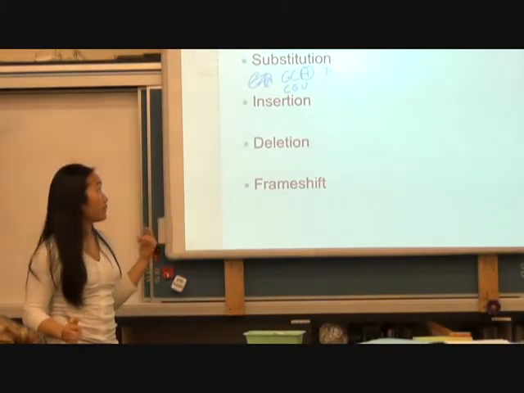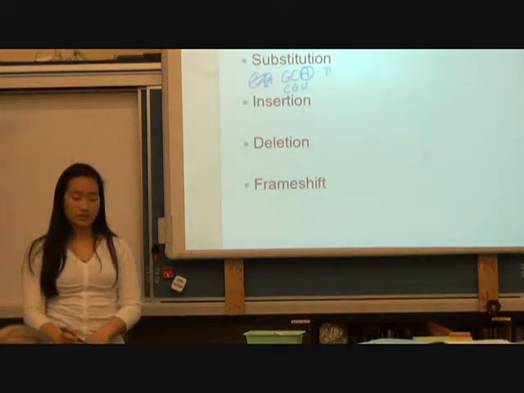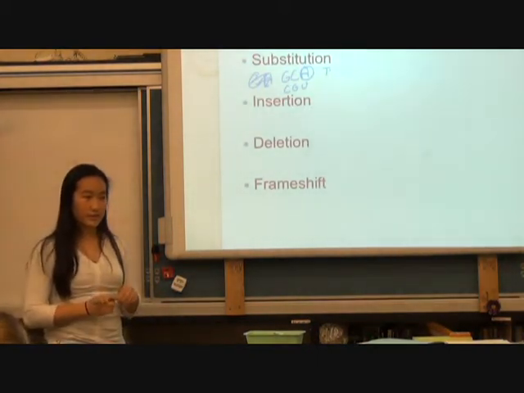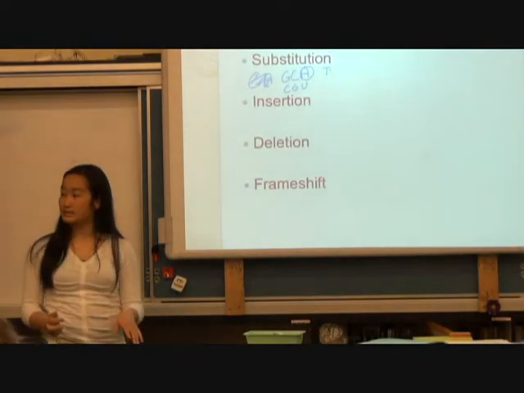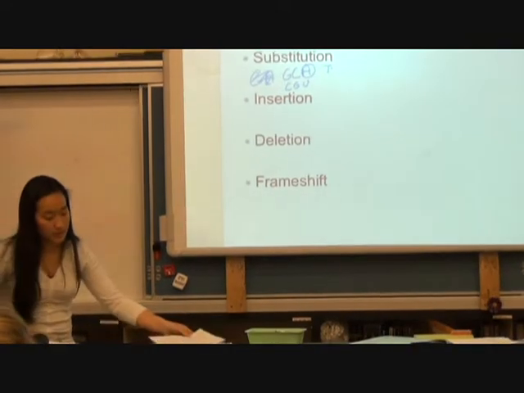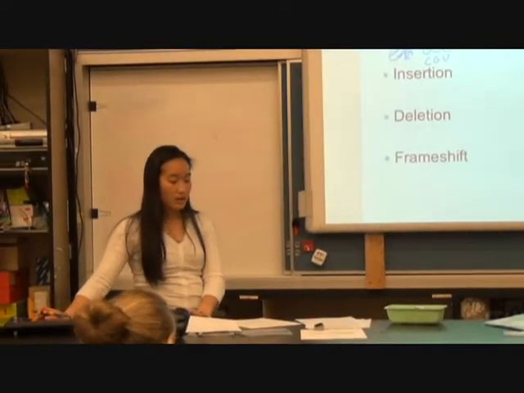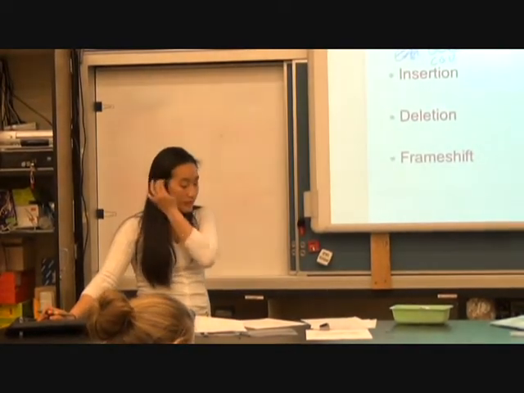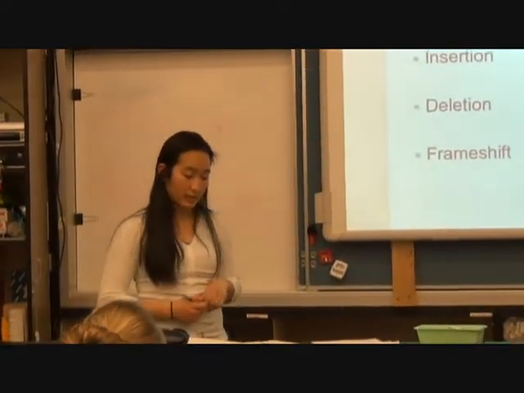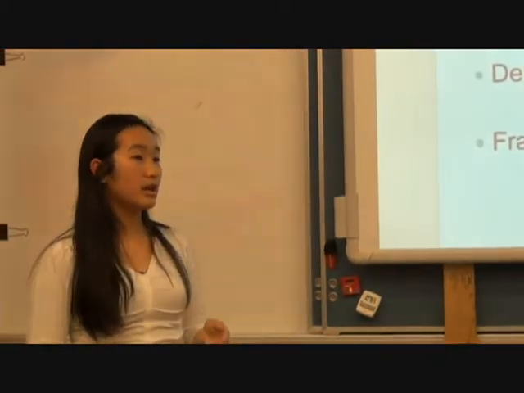And if an incorrect amino acid is placed into a protein, it could change the way the blood runs, like in sickle cell anemia. The substitution could potentially change a codon into a different amino acid, creating sickle cell anemia, or the codon could be changed to code for the same amino acid.